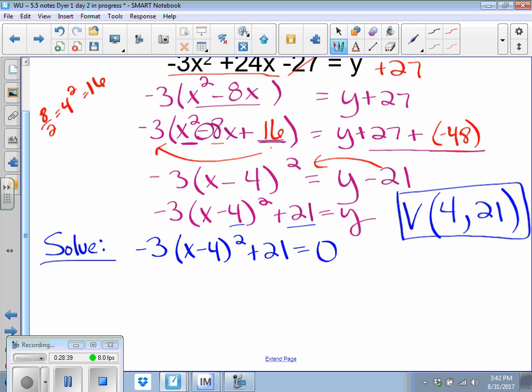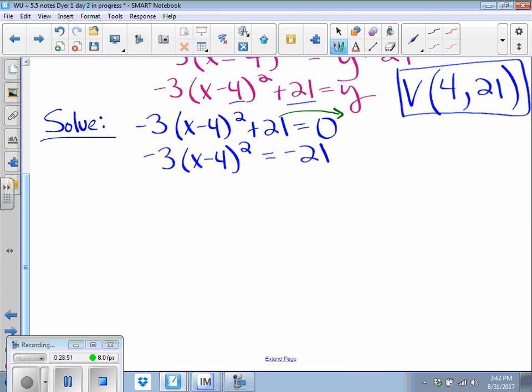So, first, move 1 over. Now, we have to get rid of this -3, so we divide both sides by -3. So we have x minus 4 squared equals 7.